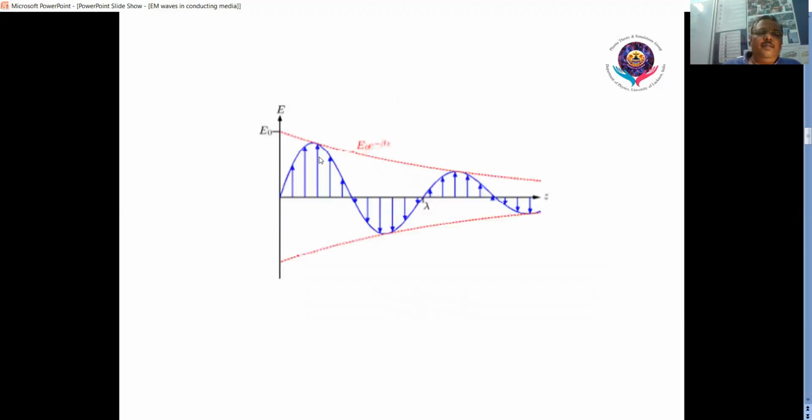You can see this is the origin or the interface at which the wave enters the medium, and its intensity decreases exponentially and becomes zero at a certain distance. We will discuss this decay while discussing skin depth in the next lecture.